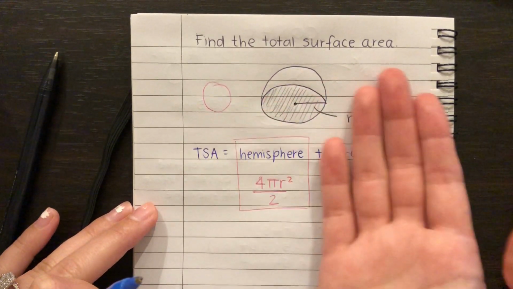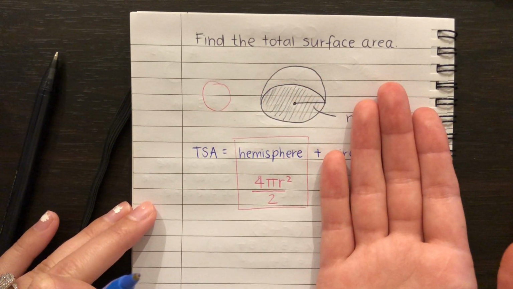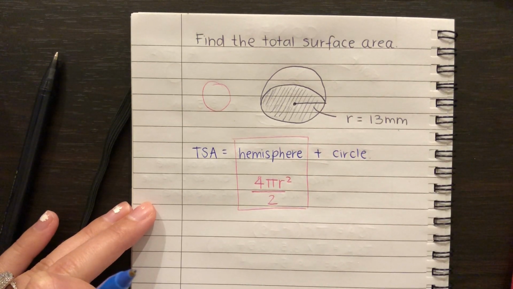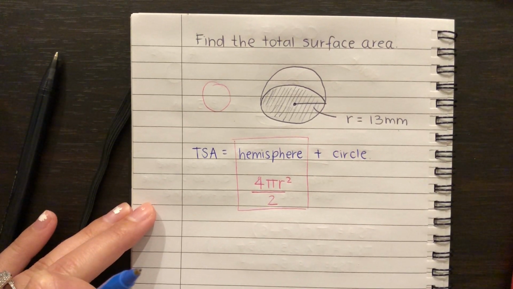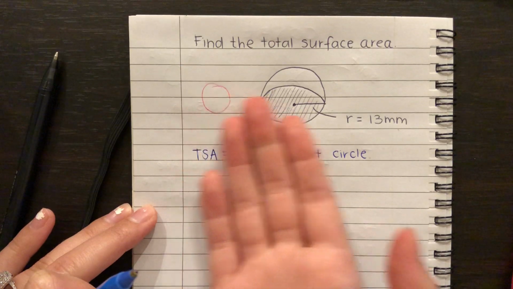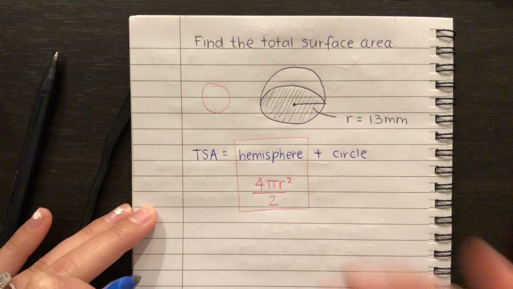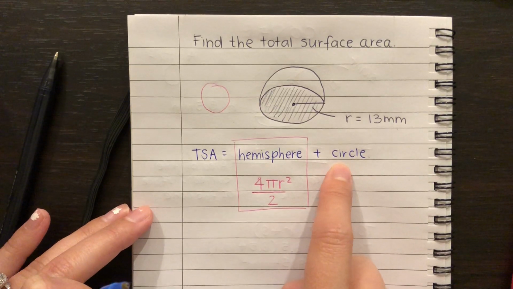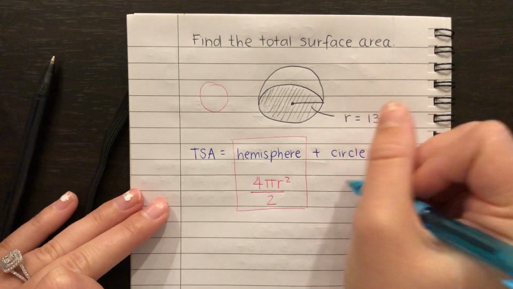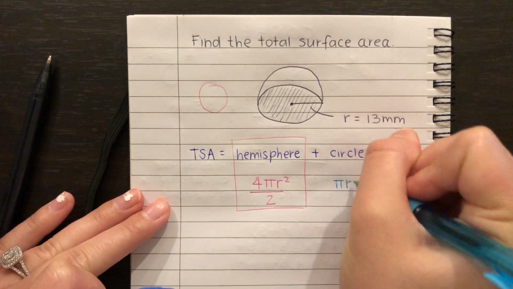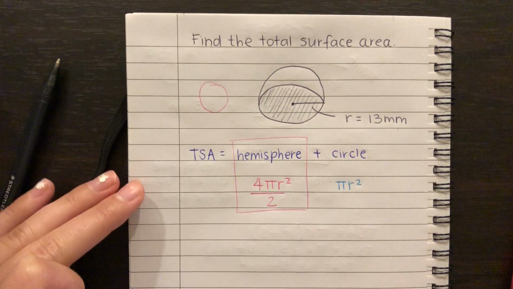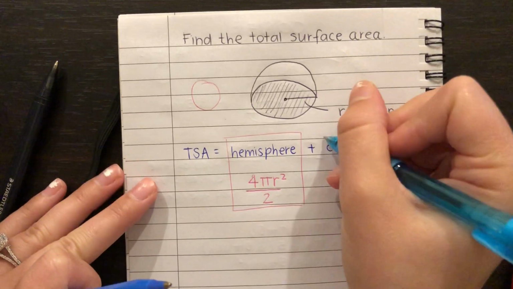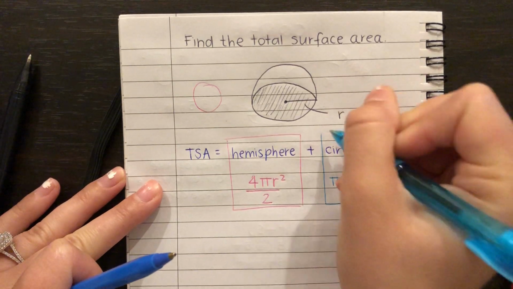There's nothing to say that you're finding the area of that hollow part that's left underneath. So in order for us to find the area of that circular hollow part underneath, we need to find out what the area of a circle is. So the area of a circle is pi r squared. And that's the area of this second part.